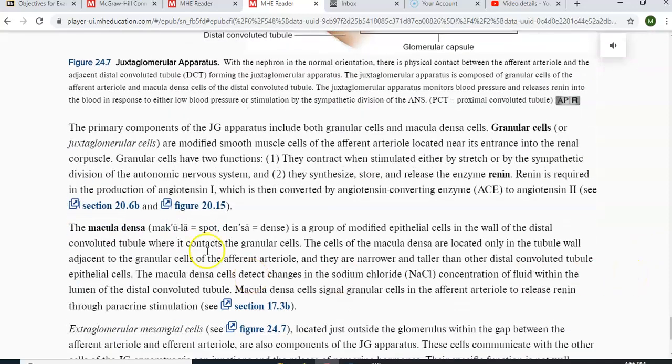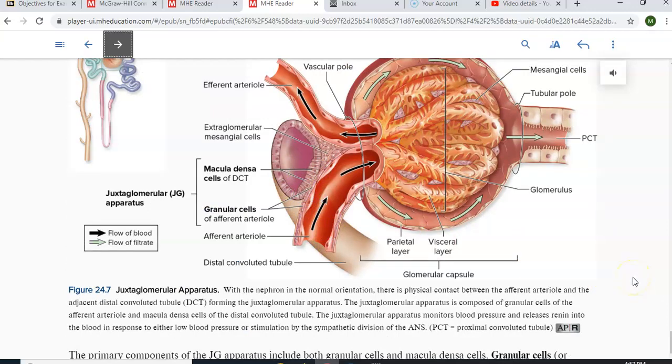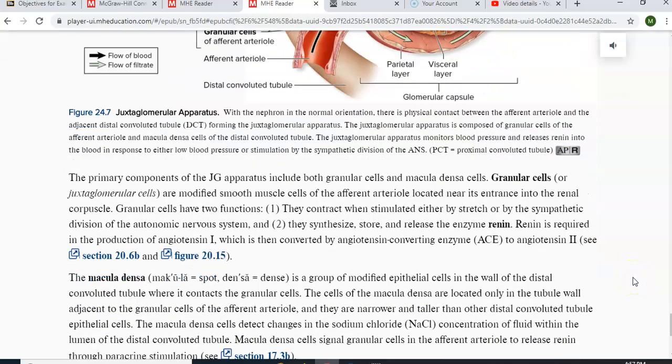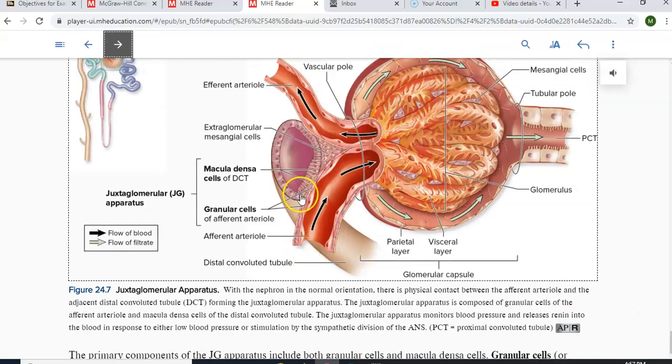And then our macula densa cells, they're just little epithelial cells that are located along here, but they have a special purpose because they have little receptors that can detect the change in the sodium and chloride, or the salt, inside that distal convoluted tubule.